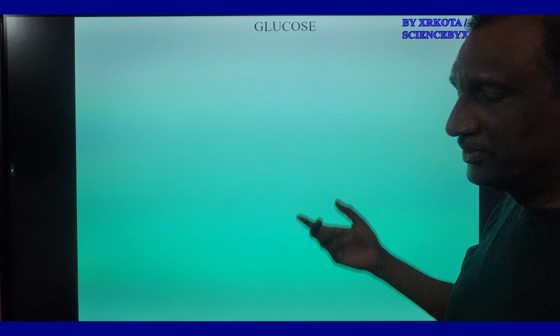Next, it takes another molecule of ATP and changes to fructose 1,6 diphosphate or biphosphate, whatever you say. So two ATP molecules are used in order to change one glucose into one fructose 1,6 biphosphate. Now this fructose 1,6 biphosphate will split into two molecules of 3 carbon compound.